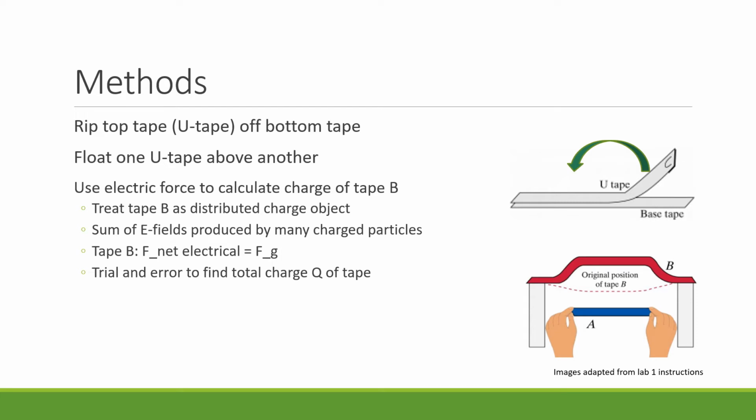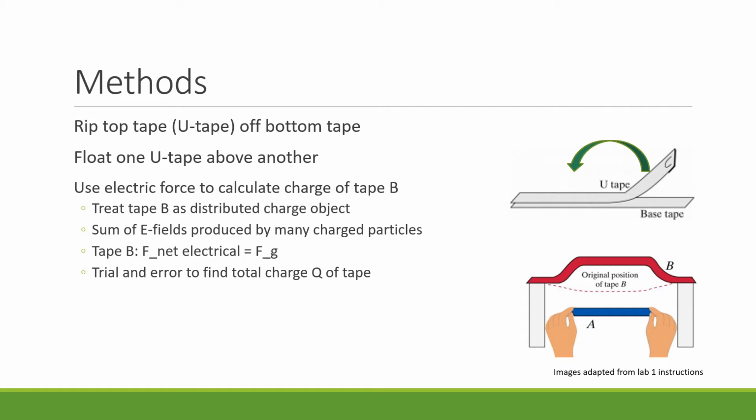So as I alluded to on the previous slide, we had some positively charged tapes, and we made them by laying down a base tape and then putting a tape at the top of that. And then we ripped off this top tape, this upper tape, to give it a positive charge.